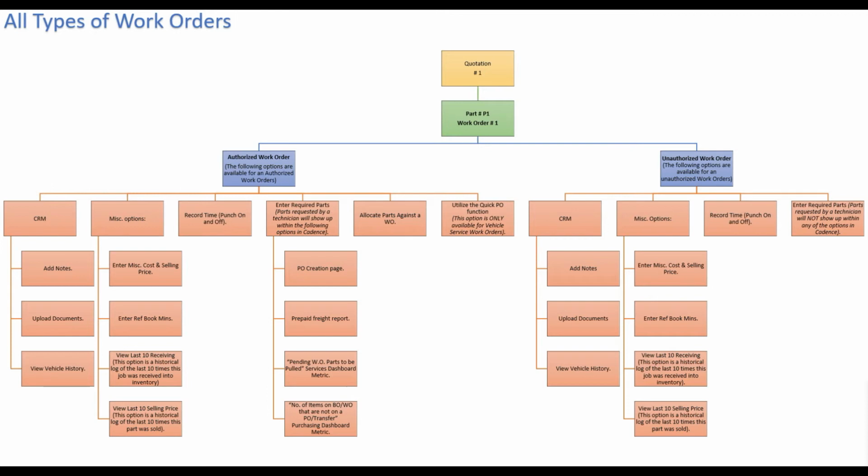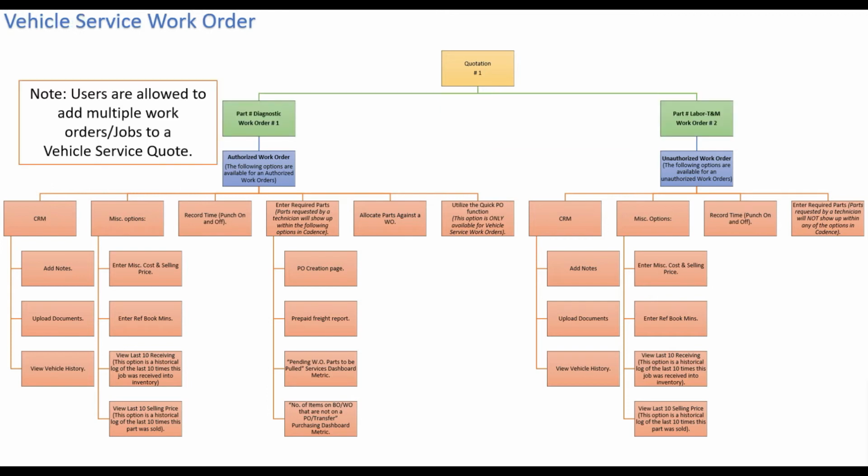There's an option here which I wanted to just take a quick minute and show you, wherein for a vehicle service work order, you do have additional functionalities where you can potentially have multiple work orders running at a given time for a quotation. This option, again, is only available for vehicle service work orders at this point.